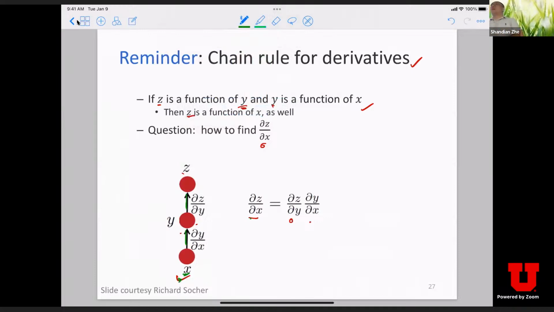And then we just multiply all the partial derivatives along the path. That will include two partial derivatives, partial z over partial y times partial y over partial x. Then we get our result, partial z over partial x.